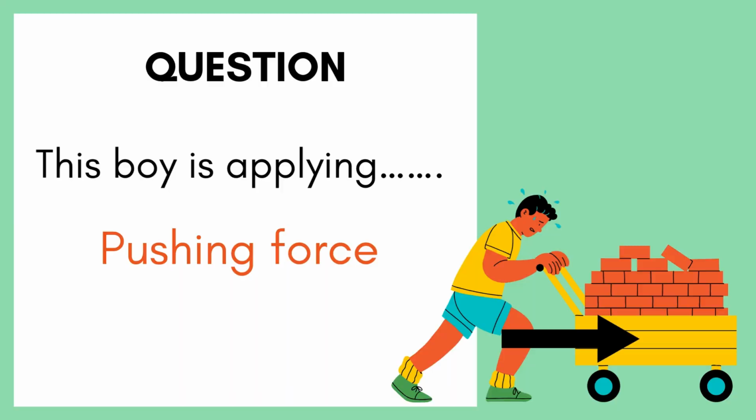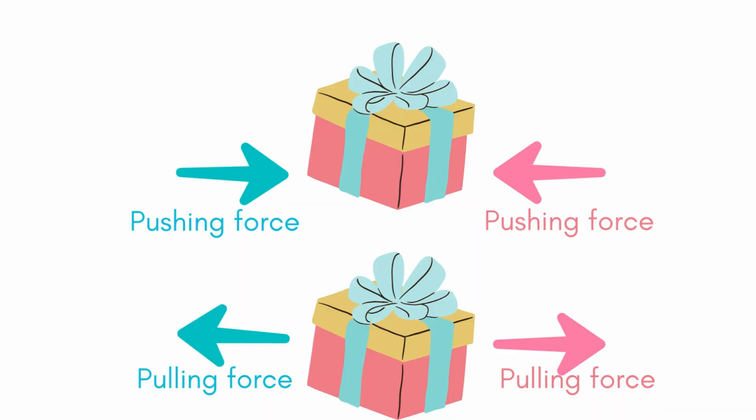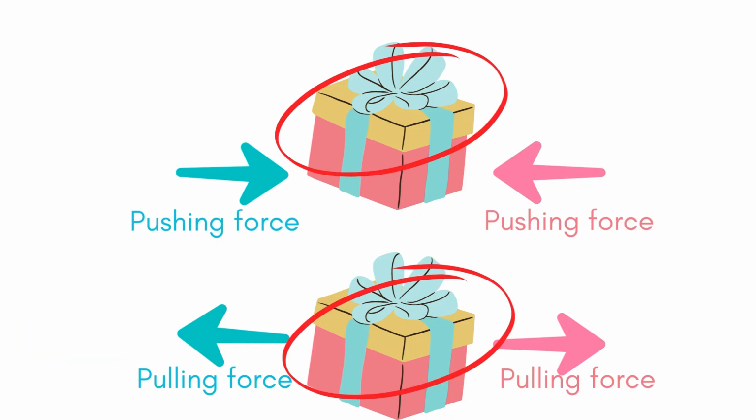What about if this object is affected by two forces at the same time? Okay, so we have an object that has two forces applied on it. Even if these two forces are two pushing forces in the opposite direction or pulling forces in the opposite direction, we will see what will happen to this object.